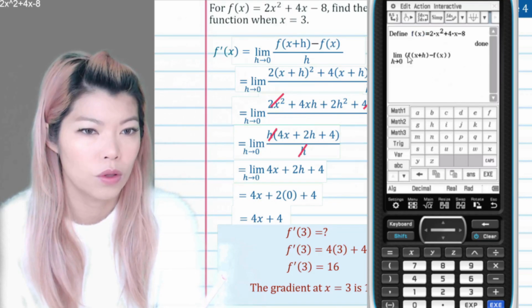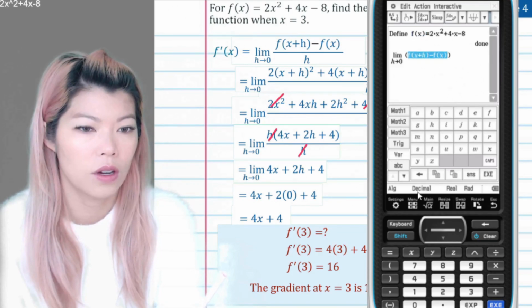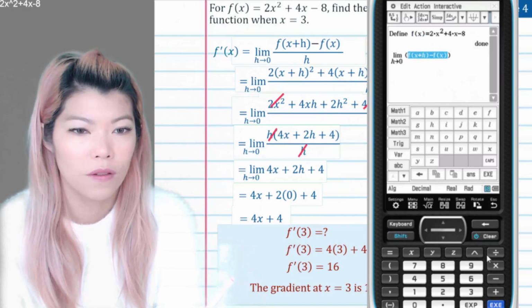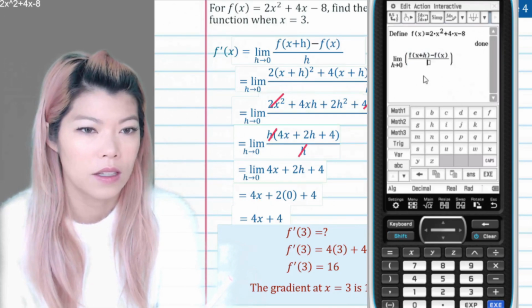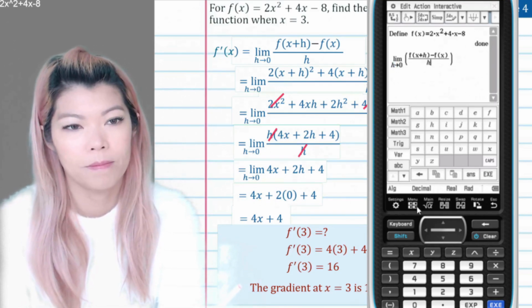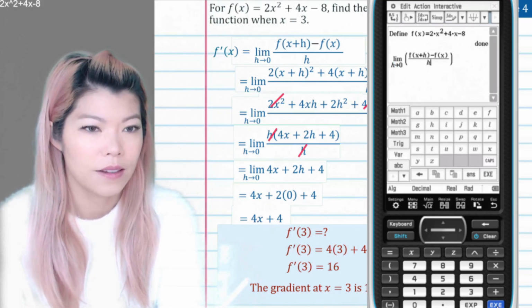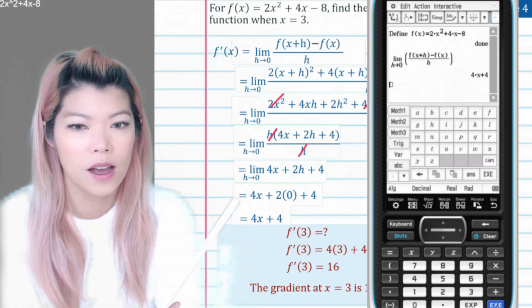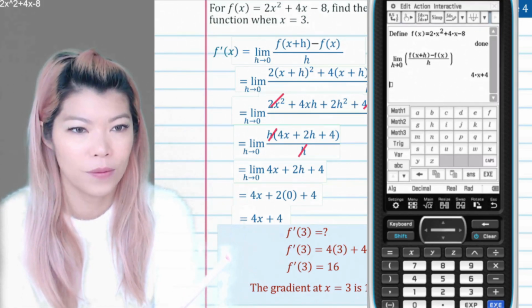And now I have to do this all over h. So highlight the whole thing, click shift, divide. So now you have a fraction, so you can put h in there. You can write it or you can drag and drop. I like dragging and dropping. So if we hit enter, ta-da, we have 4x plus 4.